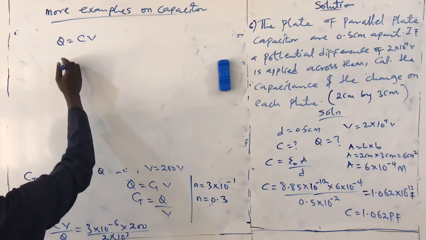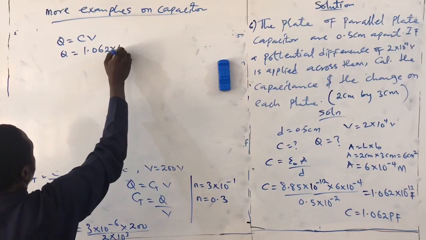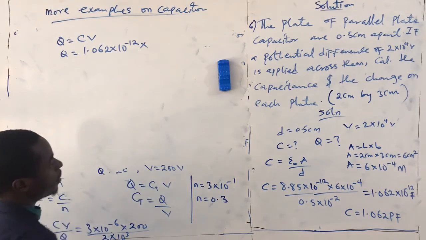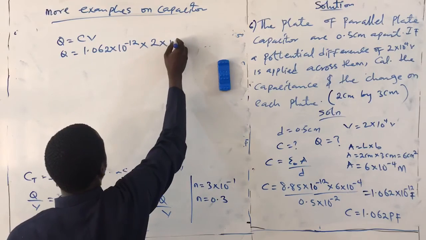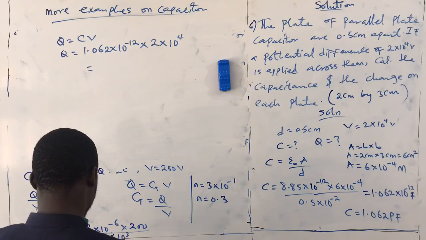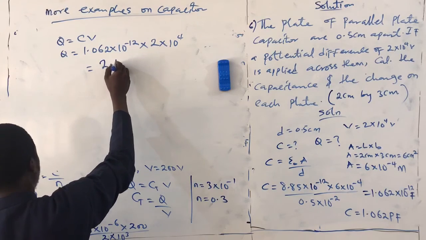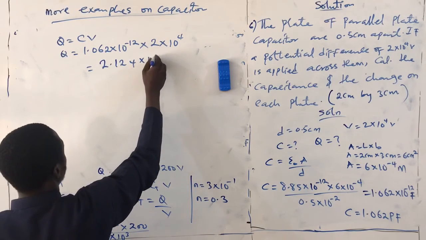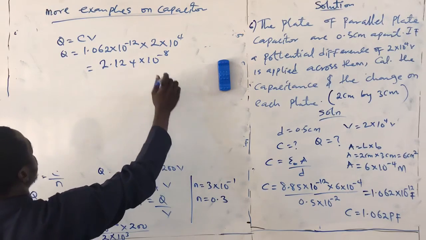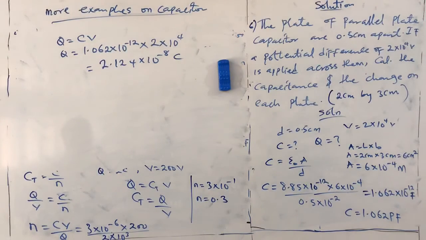Then our Q will now be equal to 1.062 times 10 raised to power minus 12 multiplied by 2 times 10 raised to power 4, which is 2.124 times 10 raised to power minus 8 coulomb.